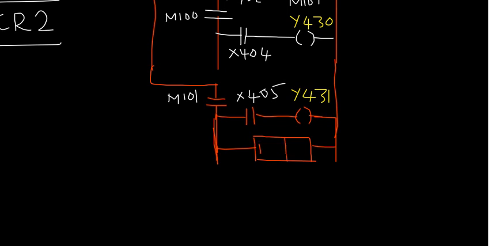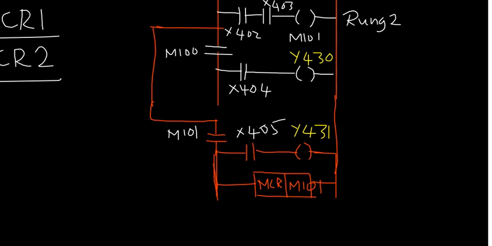So this is M101. Please take it properly, M101. And when I do it, so now here I was in rung 2, will come to rung 3, rung 4 and so on and so forth.